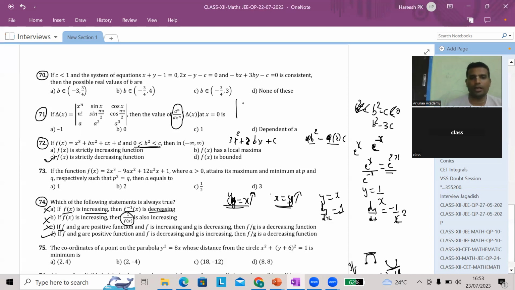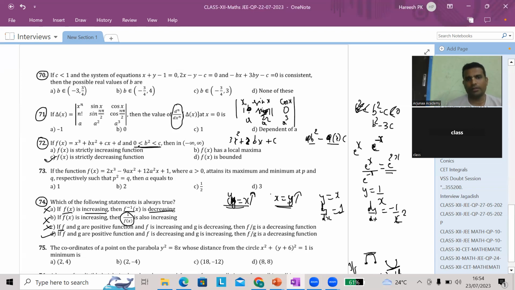So what will you get? x, sin x, cos x, 1 factorial, sin pi by 2. 1 factorial is 1. And sin pi by 2 is how much? 1. Cos pi by 2? 0. a square, a cube.